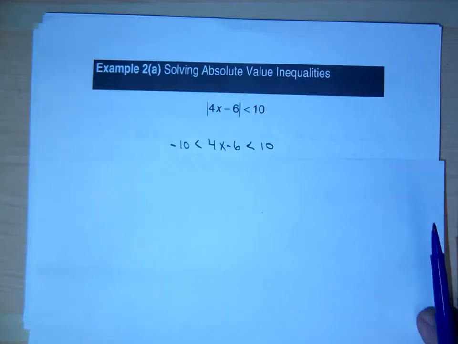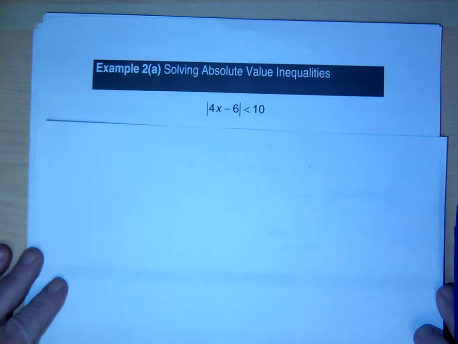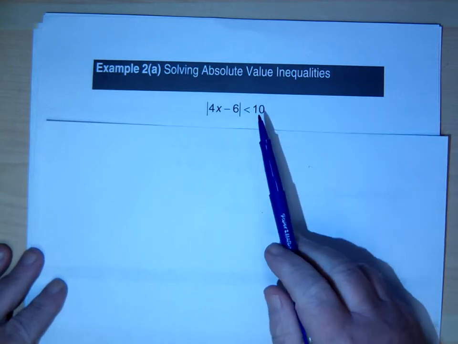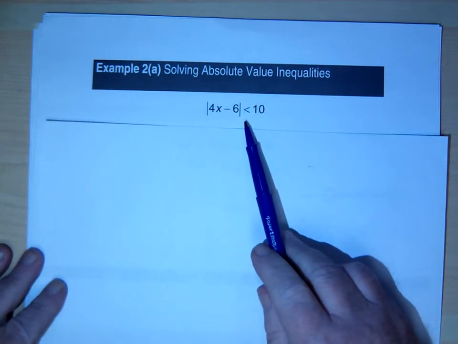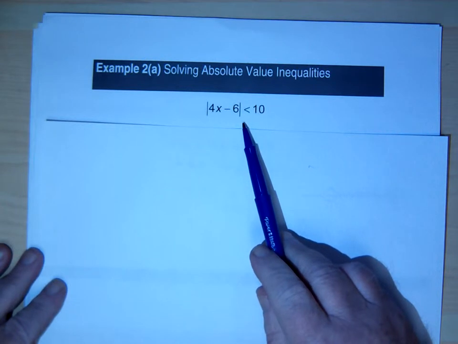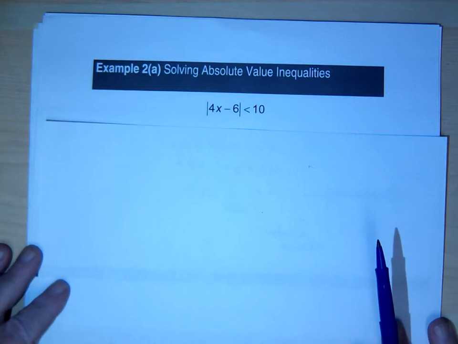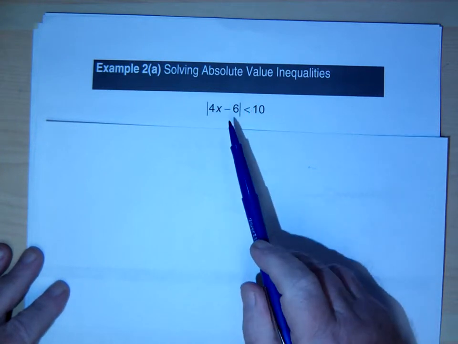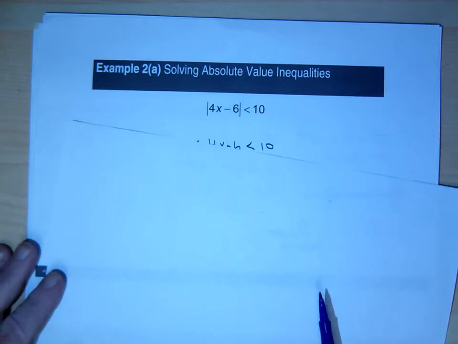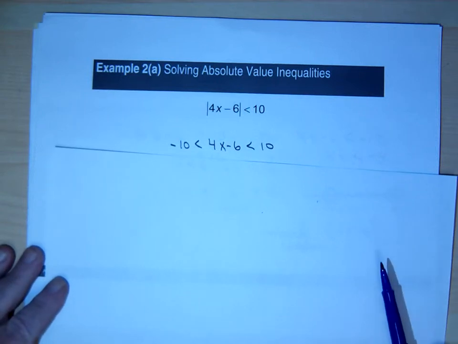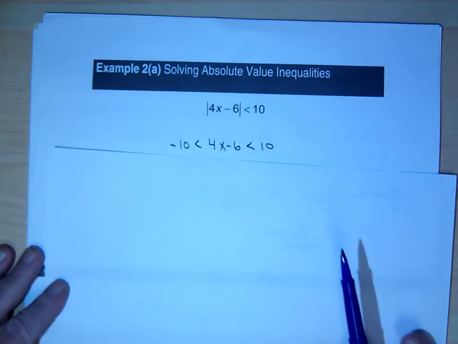Now we're moving to solving absolute value inequalities. Here you see it is a less than inequality. This corresponds to rule number 2 that I talked about earlier, the absolute value of z being less than p, and that meant that z was caught in between minus p and p. So here the role of z is being played by 4x minus 6, so that means that 4x minus 6 is between minus 10 and positive 10.